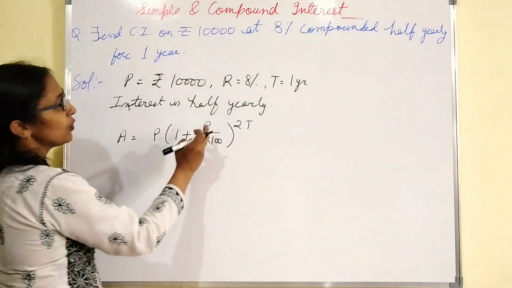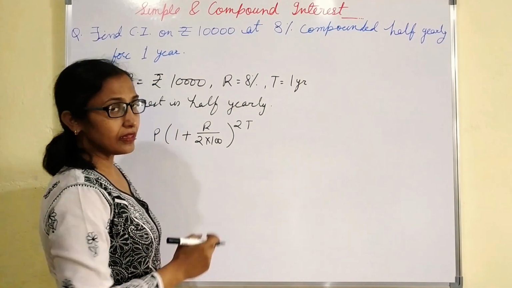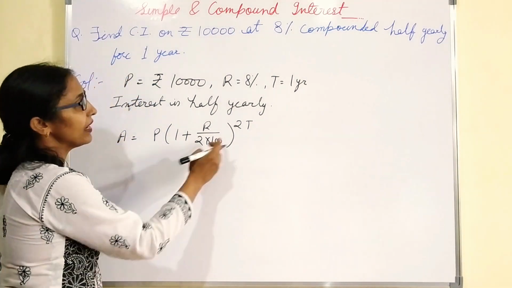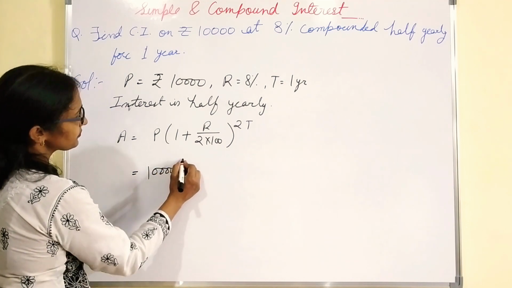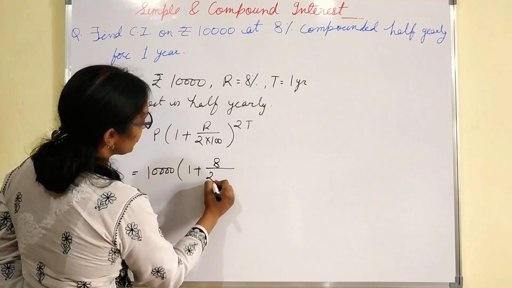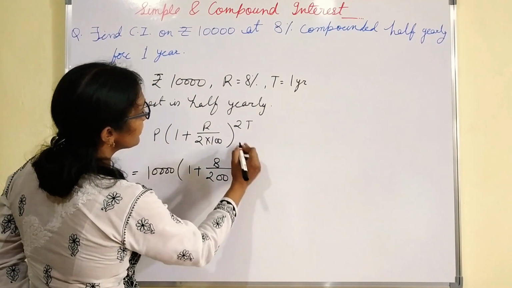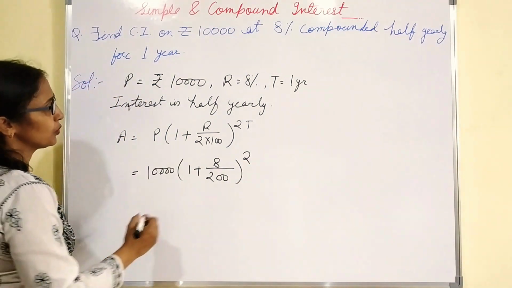I explained you when compound interest is half yearly, rate becomes half and time becomes double. So 10,000 (1 plus 8 upon 200) power, time is 1, so it will become 2.